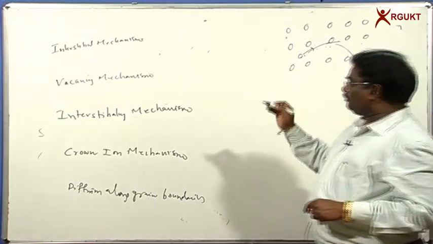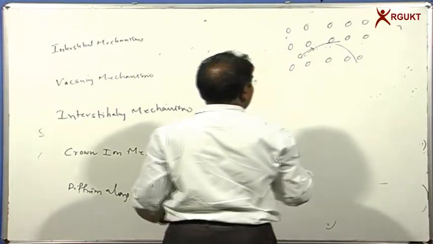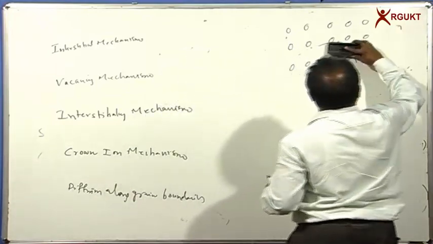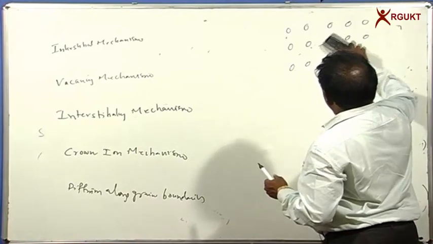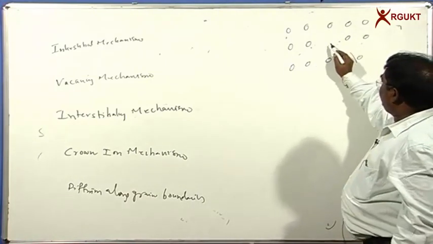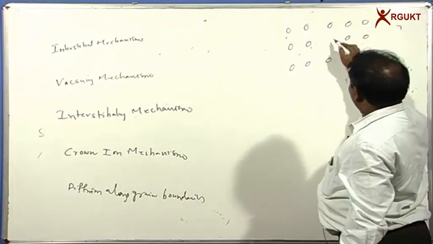The second mechanism we call the vacancy mechanism. In the vacancy mechanism, one of the interstitial sites is vacant. This is the vacancy place.